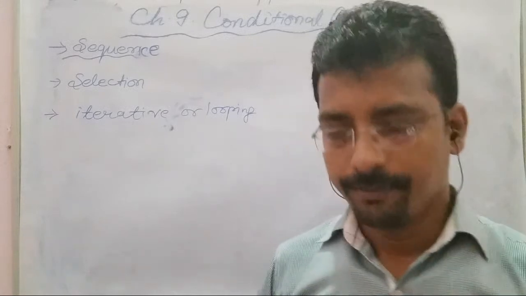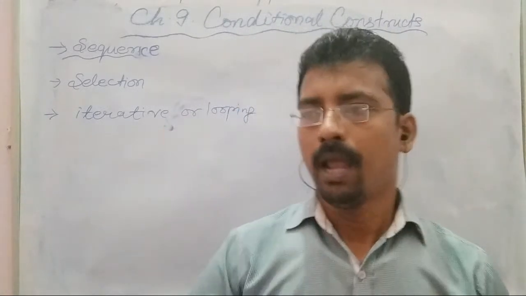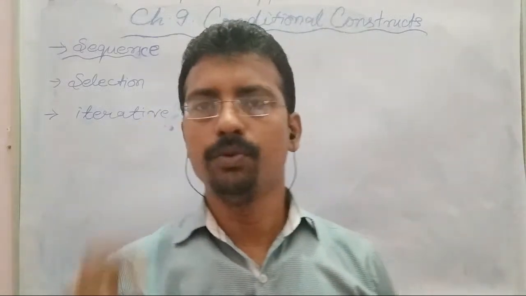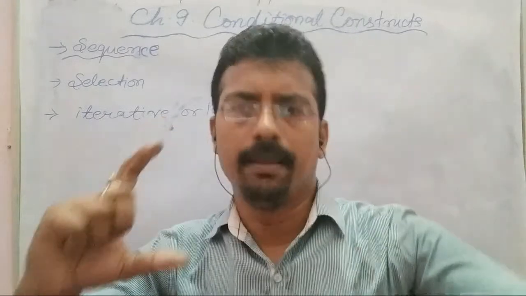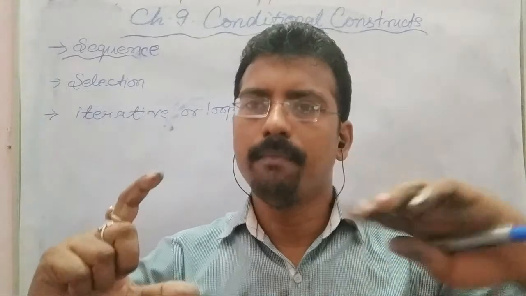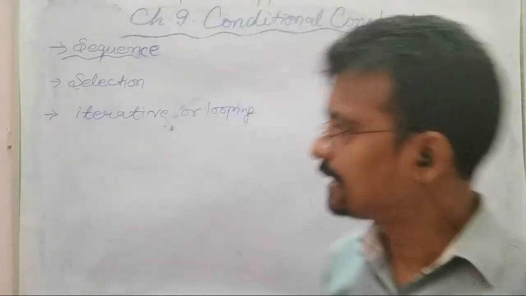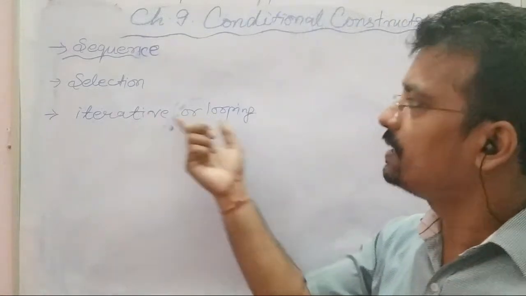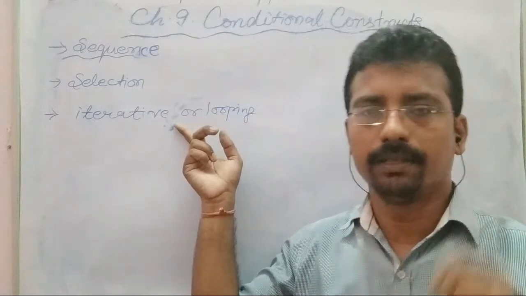When we write a program and we want to execute some part of the program many times, a task we want to repeat, that kind of operation can be done with the help of the iterative or looping construct.